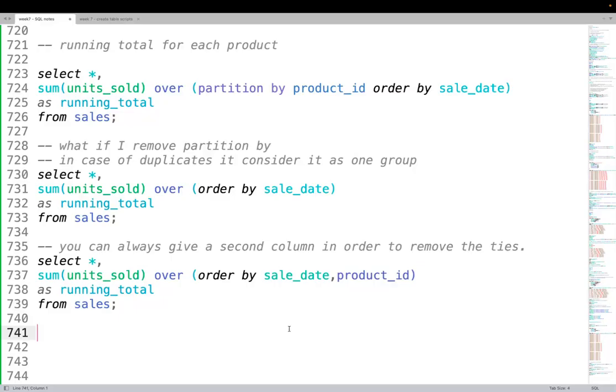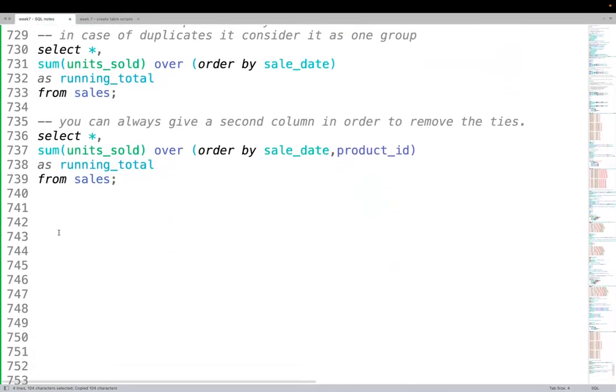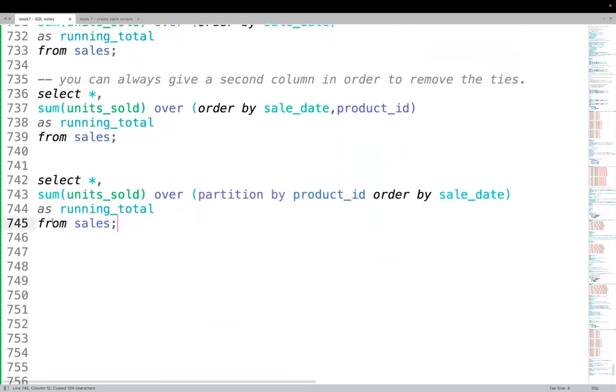Okay, now let me write the same query we wrote some time earlier. We will make some changes to this. So what I am doing: sum of units sold over partition by product ID, order by sale date.